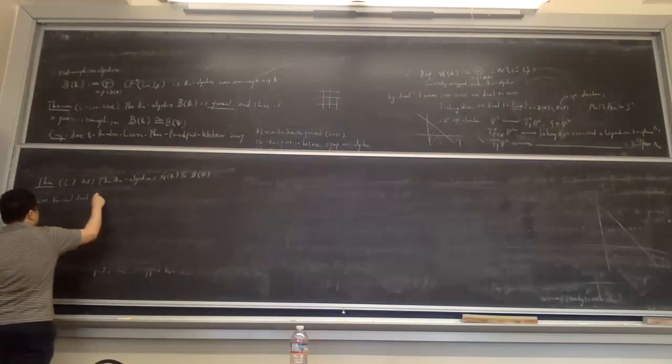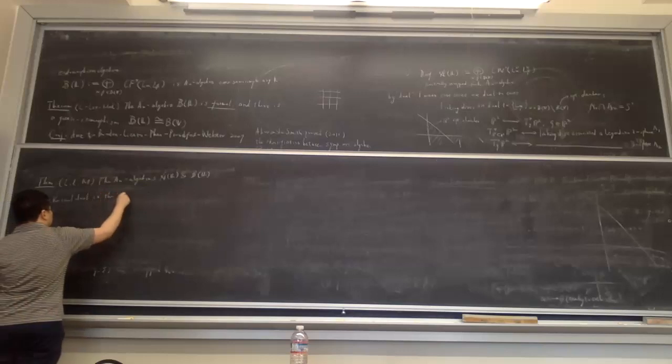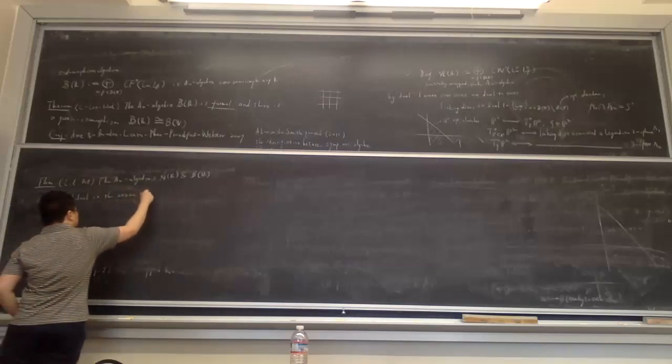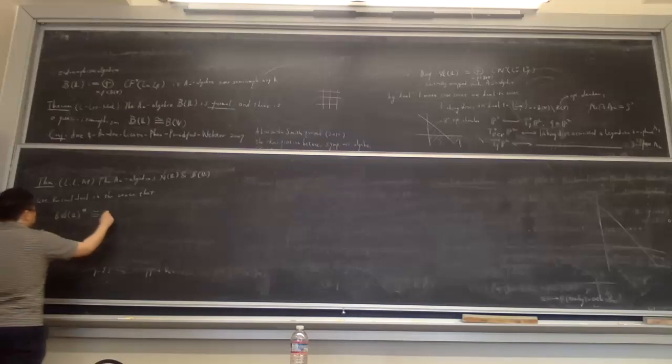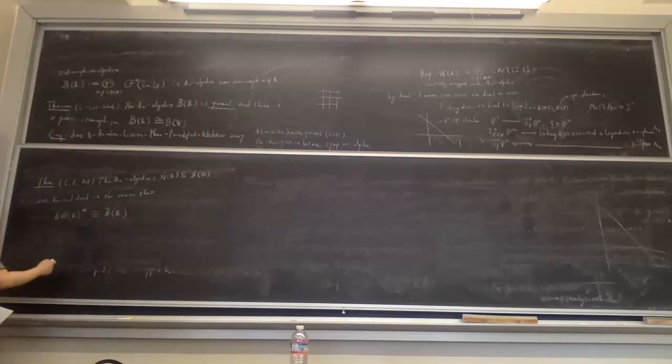In the sense that if you take the bar construction of this A infinity algebra A^air and take its linear dual, what we will recover is this A infinity algebra B^air, which we already know to be formal.